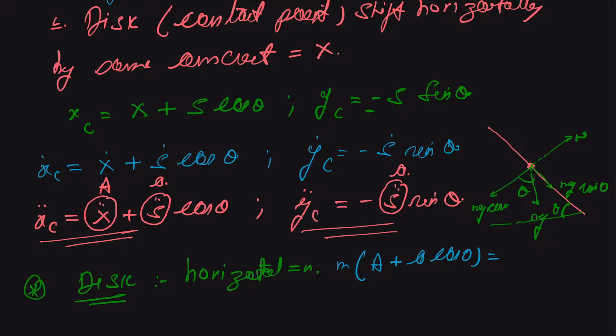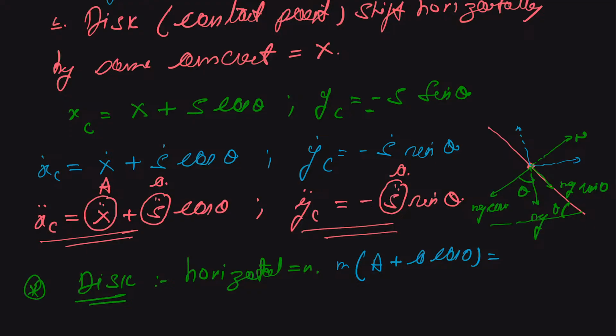We can divide our normal also into two components, and our friction as well. We are only requiring the horizontal component, so this will also be normal, and we have a friction.